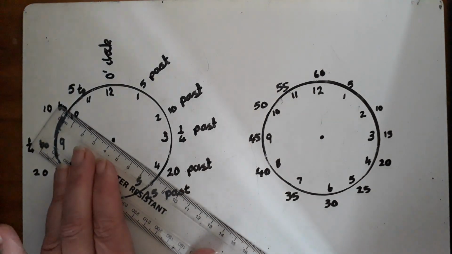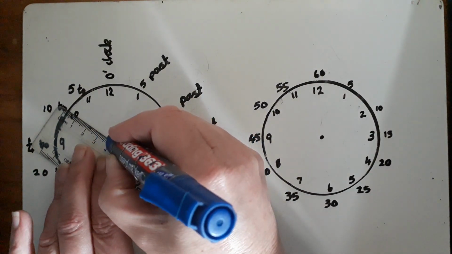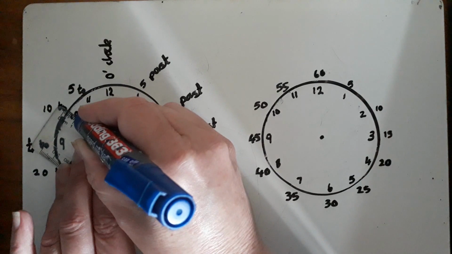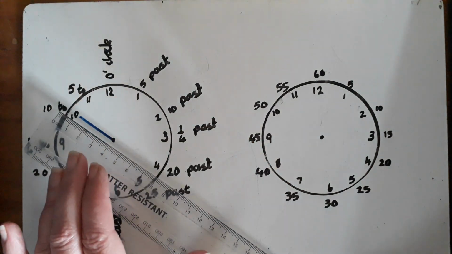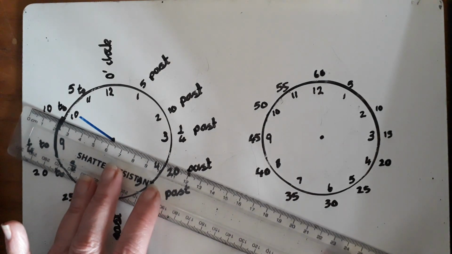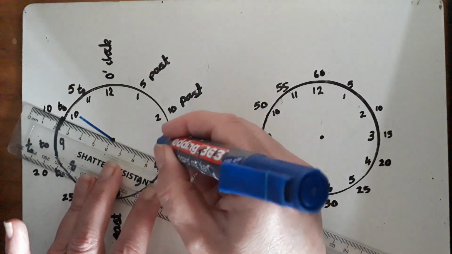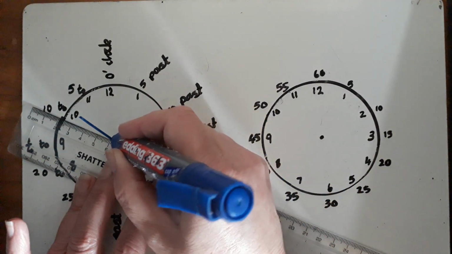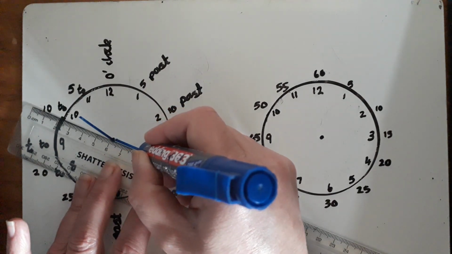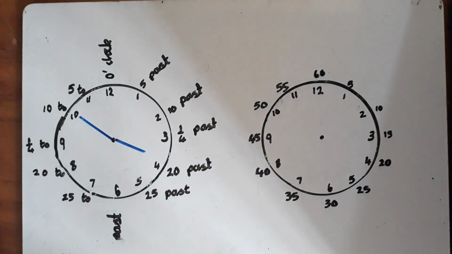Our minute hand is always a bit longer, closer to the number, and it's 10 to 4. It's really close to getting to 4 o'clock. So our hour hand, which is shorter, is going to be closer to the 4 than to the 3. It will look something like that.